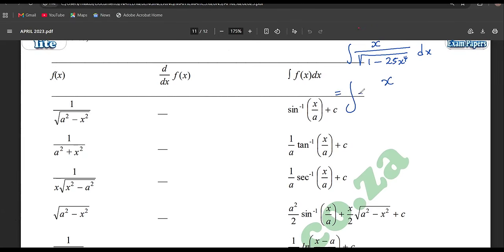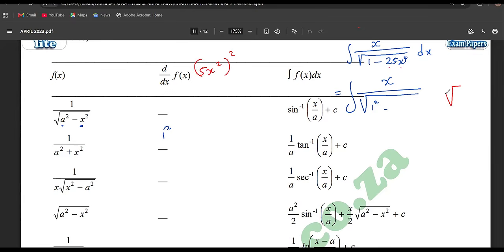So it was x over the square root of a squared, where 1 can be written as 1 squared. So we have a squared, 1 squared, minus the x squared, which is 25x to the power of 4. That is the same as 5x squared to the power of 2.